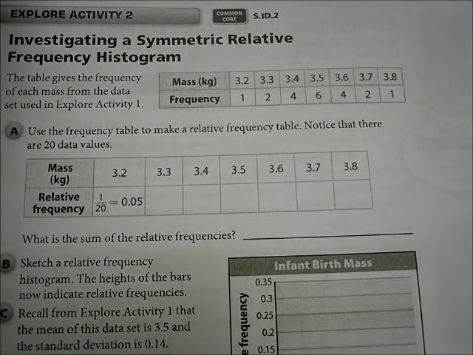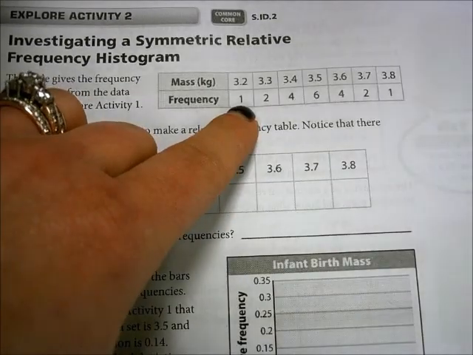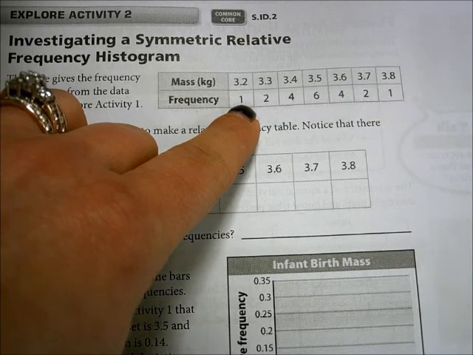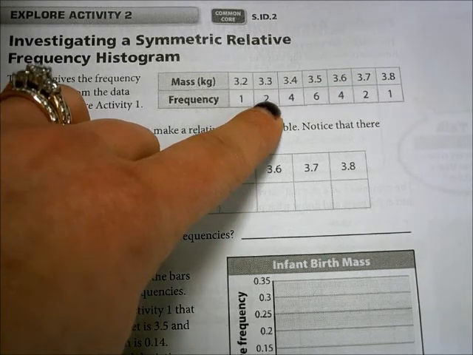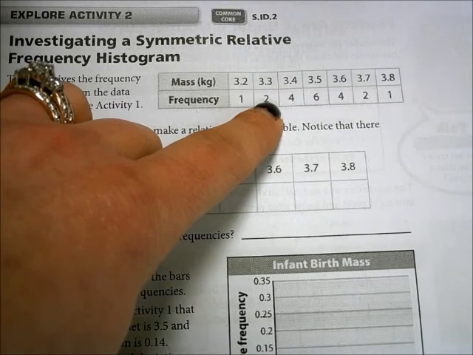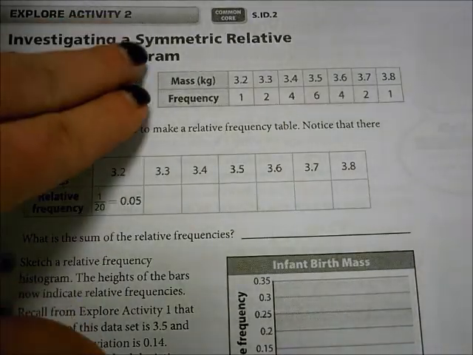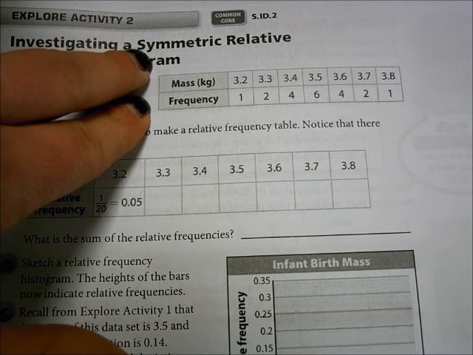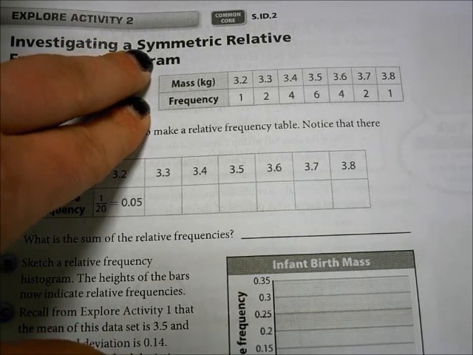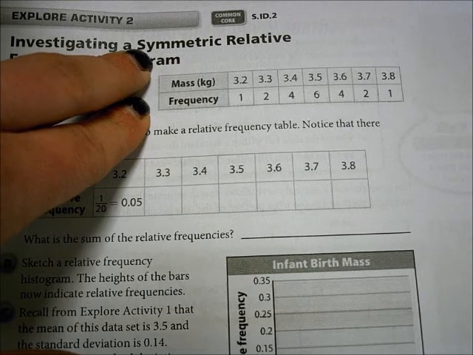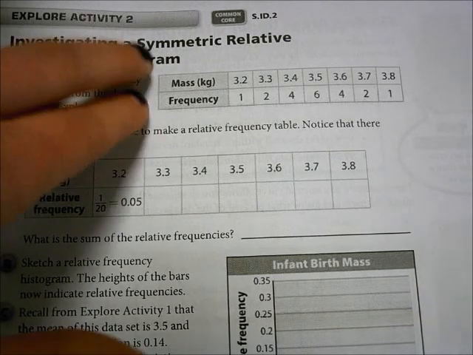There was one baby born at a mass of 3.2 kilograms. Two babies born at a mass of 3.3 kilograms, and so on and so on. So this table gives us all of our data points. The population that we're talking about is these babies or infants that were born, okay?